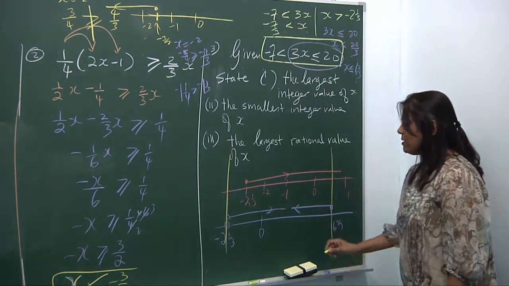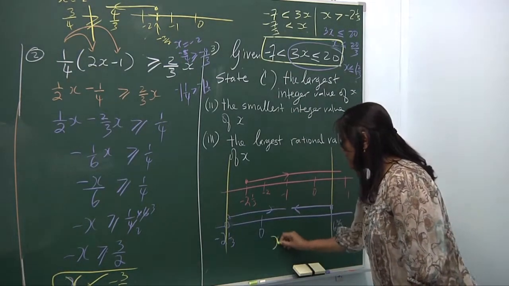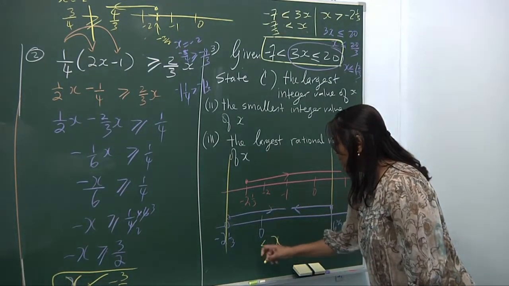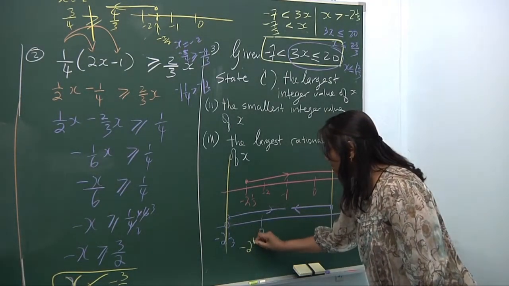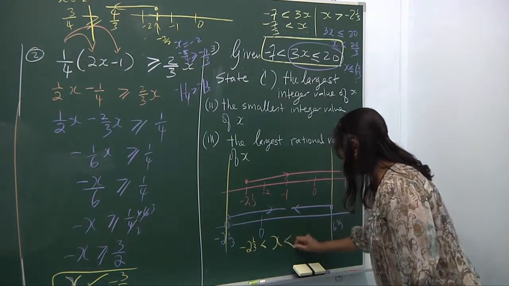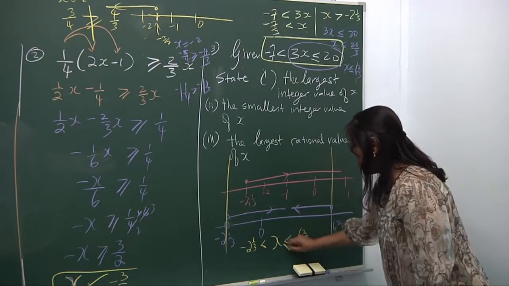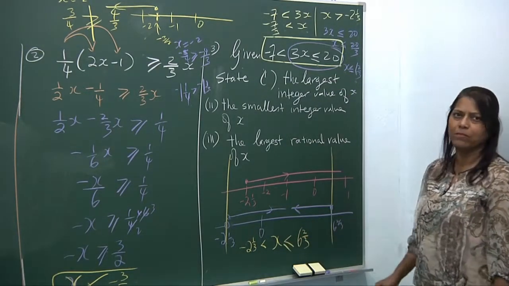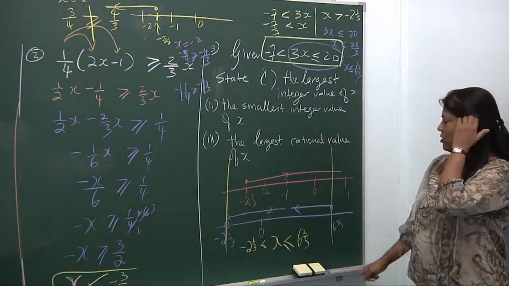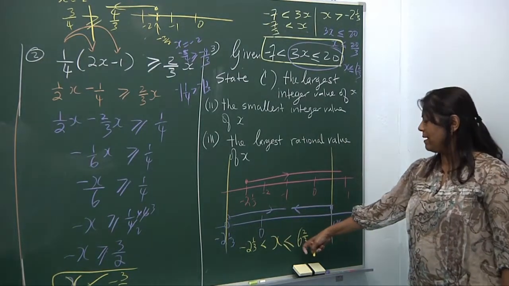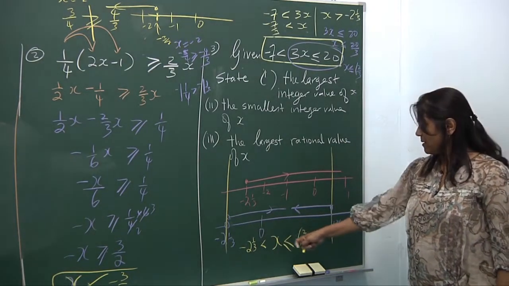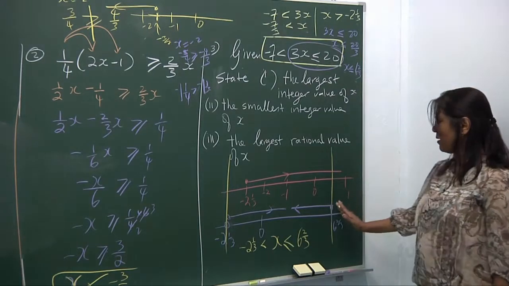So what is the condition then? x satisfies: x is bigger than minus 2 and 1/3 and smaller than or equal to 6 and 2/3, because there's an equal. The largest integer value here will be 6, because 6 and 2/3 is stepping out of 6.